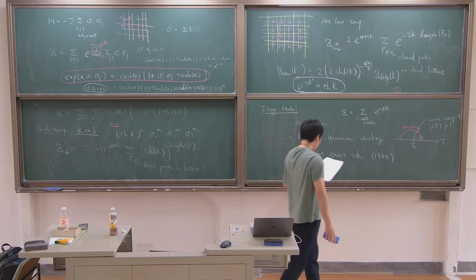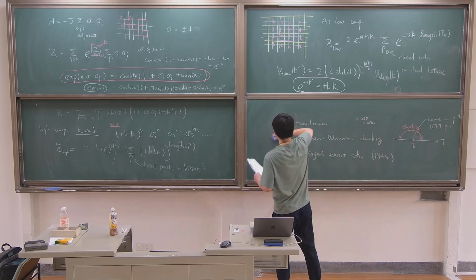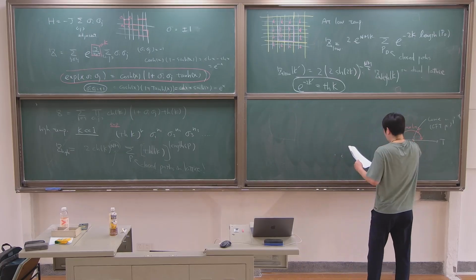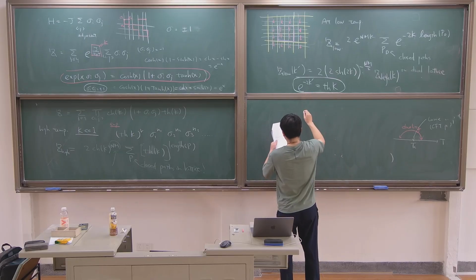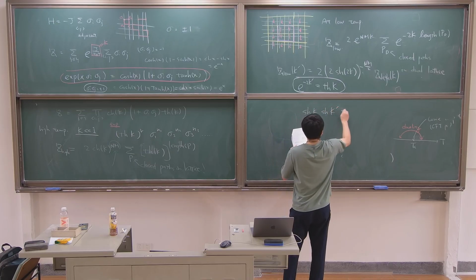If you massage this equation, it gives the following beautiful formula: sinh 2K times sinh 2K prime is equal to 1.